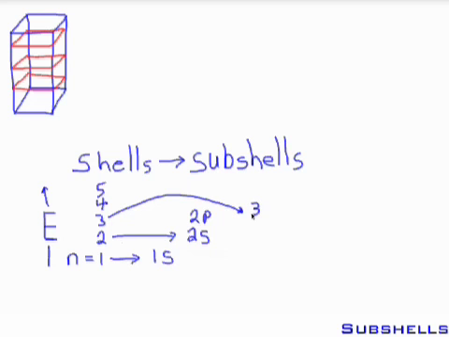What are they? The 3s, the 3p, and the 3d. I'm going to have to go up here for the fourth. The n equals 4 shell can be subdivided into 4 subshells. The 4s, the 4p, the 4d, and the 4f.